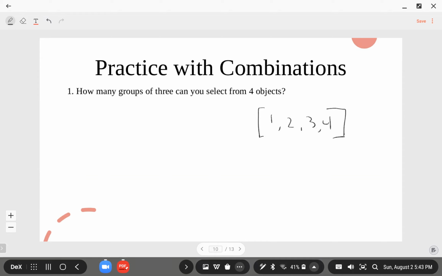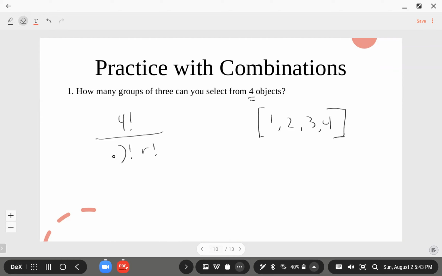It doesn't specify what kind of objects are in that set. And what is the number of all the objects in that set? It's obviously 4, it already says in here. Now we can just substitute those numbers into our combination formula. Remember, right here should be n minus r factorial times r factorial.